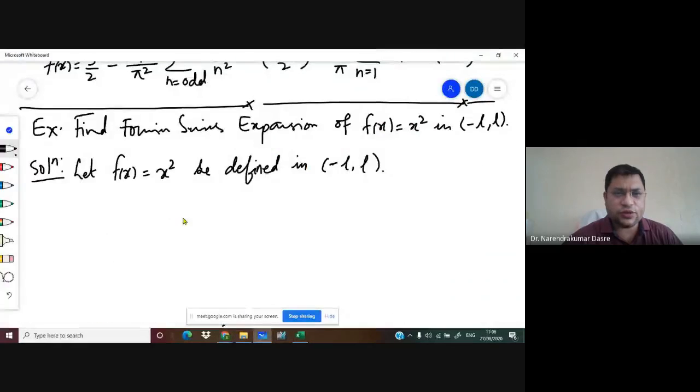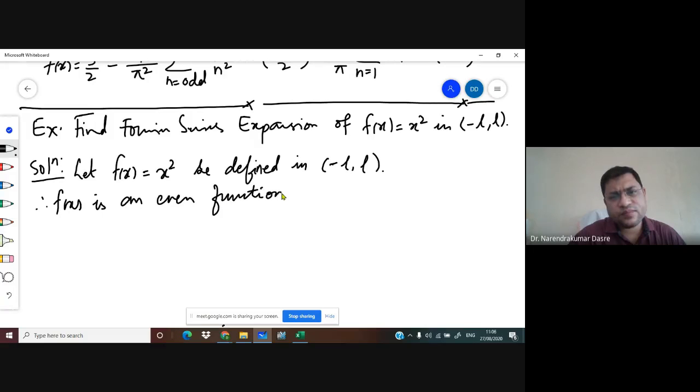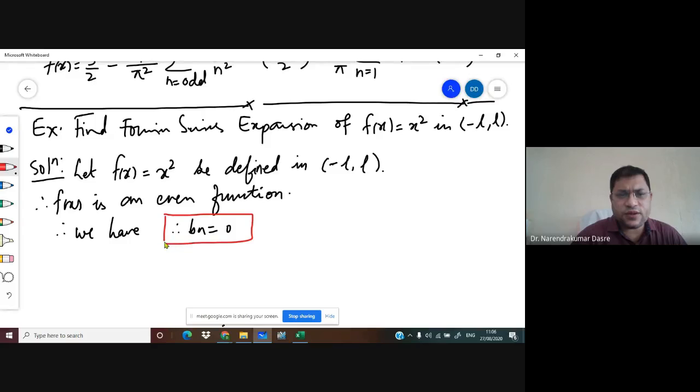So directly you can write that this is going to be an even function. So we say here hence f of x is an even function. So if it is an even function, what we know is then we can straightforwardly write bn is equal to 0. Okay.